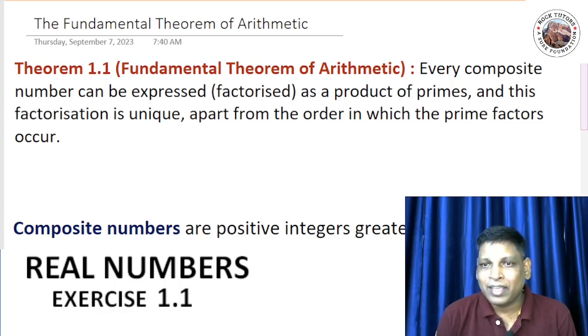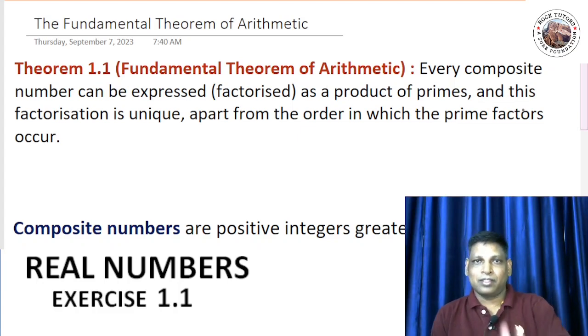Every composite number can be expressed as a product of primes. This is the main point.